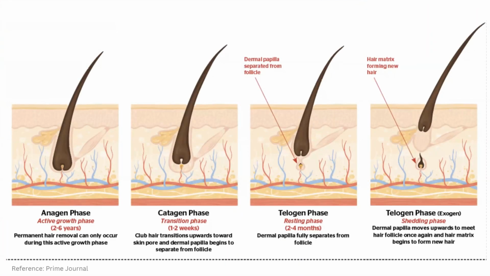So the length of the hair is a genetically determined feature. People whose anagen duration is 2 years will have hair around 24 centimeters. Those whose anagen phase is longer will have longer hair, okay?